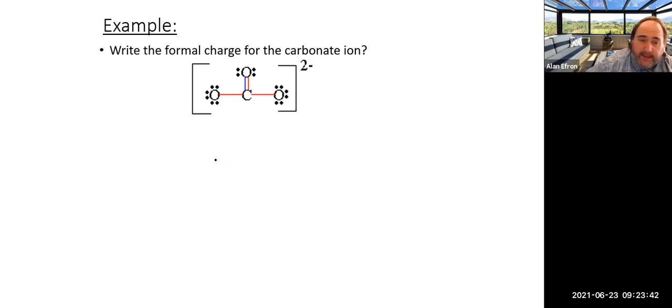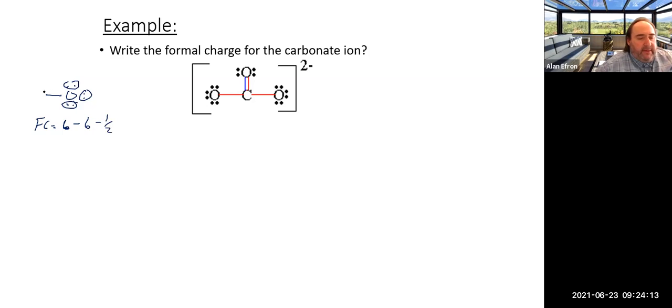Take a look, and why don't we just start with the single bonded oxygen. So if we do our single bonded oxygen, again, the formal charge here would be 6 because that's the number of valence electrons in oxygen by itself. Minus, there is 2, 4, 6 of the non-bonding electrons, these guys.